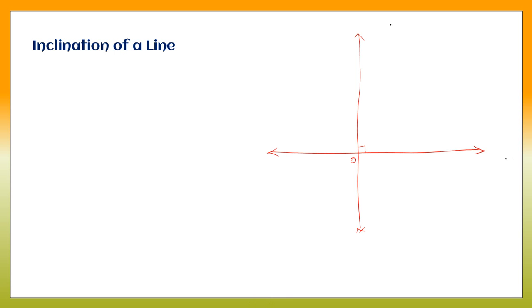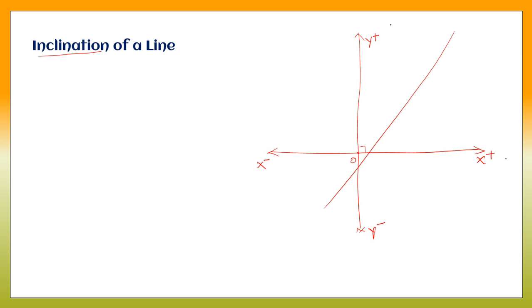This coordinate system is called the Cartesian coordinate system or rectangular coordinate system. To the right side of the origin on the x-axis we call it the positive x-axis, and to the left the negative x-axis. Above the origin, this vertical ray represents the positive y-axis, and below the origin we have the negative y-axis.